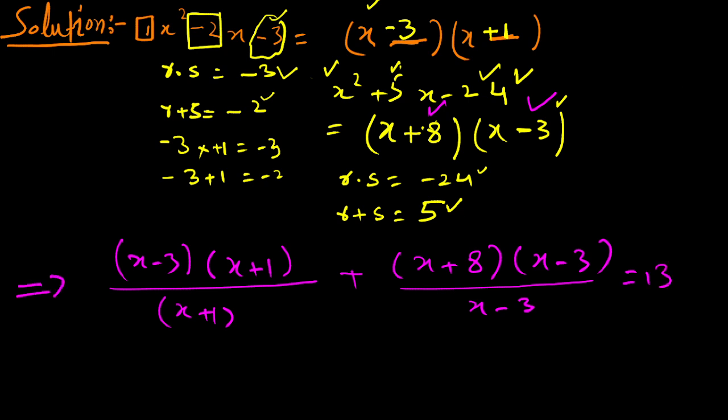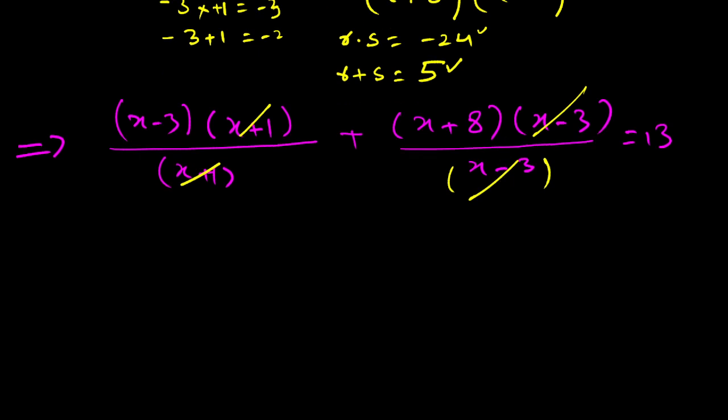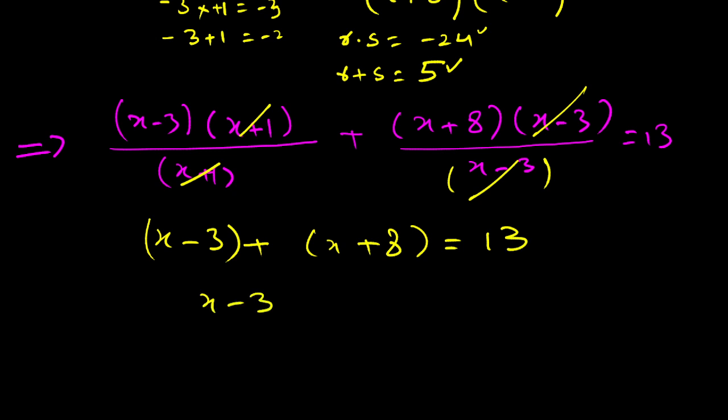Now you can see here x plus 1 and x plus 1 are common factors and can be cancelled out, and x minus 3 and x minus 3 are also common and can be cancelled out. So you are left with x minus 3 plus x plus 8 equal to 13. By removing parentheses, you have x minus 3 plus x plus 8 equal to 13.